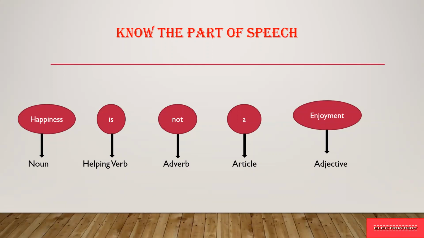Adjective is the one which describes the noun. Like happiness means enjoyment. So who can enjoy the happiness? So something adjective is describing something. Describing a noun becomes an adjective. So for a sentence you have to clearly know what is a noun, what is an article, what is adverb, adjective, which is already known by you because you know basic English grammar.